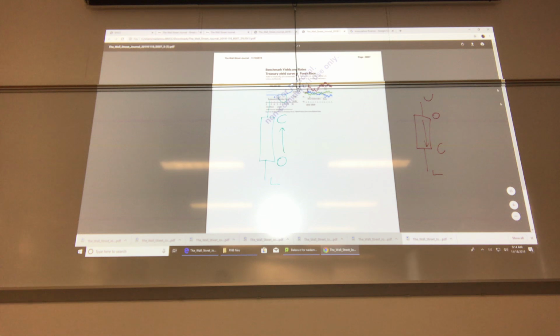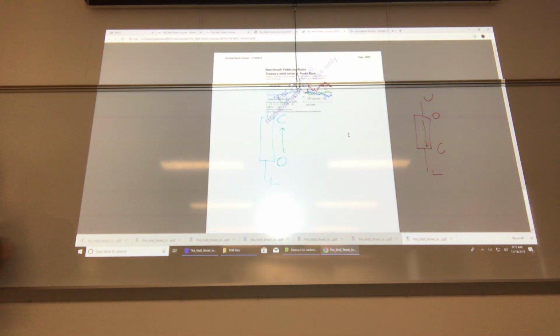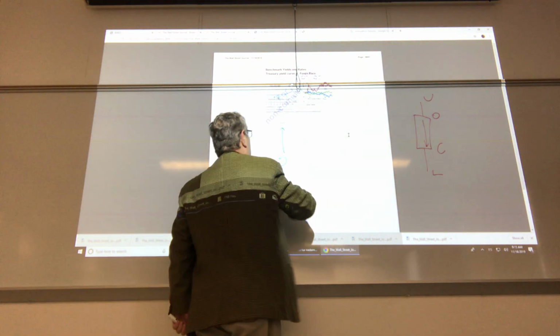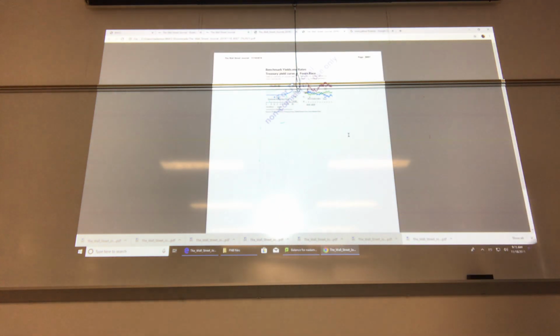I see it here. The normal curve is whenever we have an increase throughout the period.